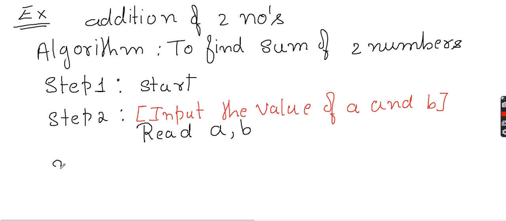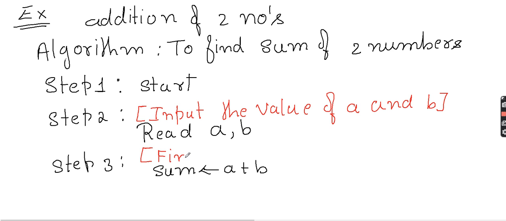Next is step 3. I will perform sum, a plus b. I will write the explanatory statement once again: find the sum. Next I will write step 4. What is step 4? I have to print the sum.